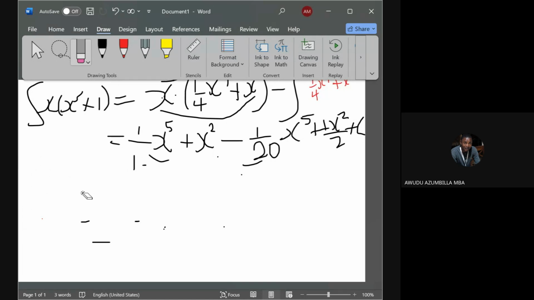This is the original function, and they are all in brackets. So let's put this and this, and then let's put this and this. Okay. So if we want to open the bracket, the minus is going to affect all of this. The minus is going to affect all of that, right?